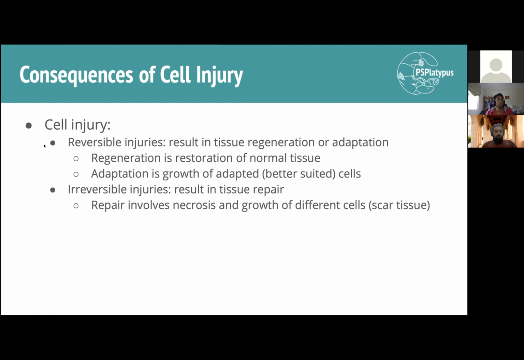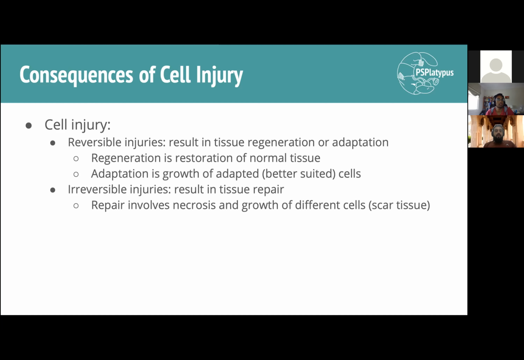If it was considered a cell injury, we have 2 types of injuries: reversible injuries and irreversible injuries. If the injury was mild, it can be considered a reversible injury. A reversible injury results in tissue regeneration or adaptation.